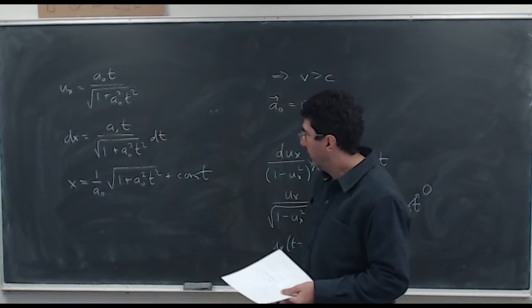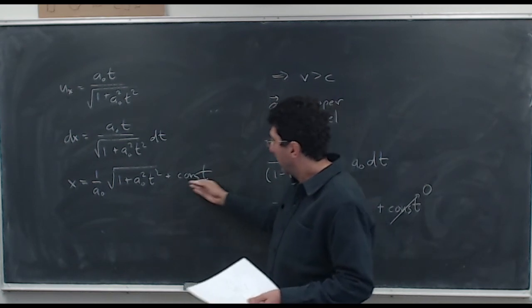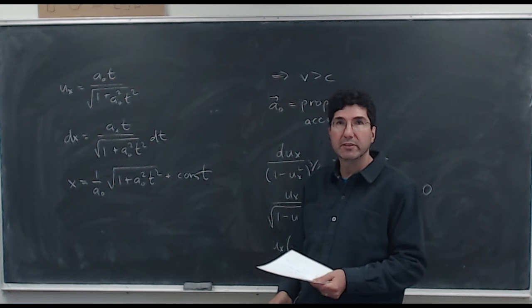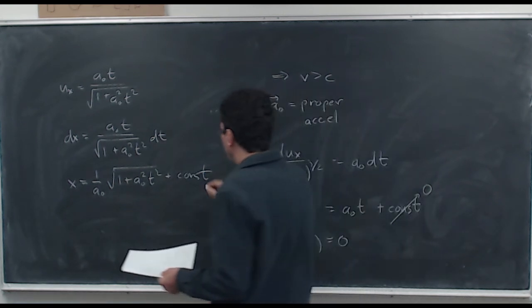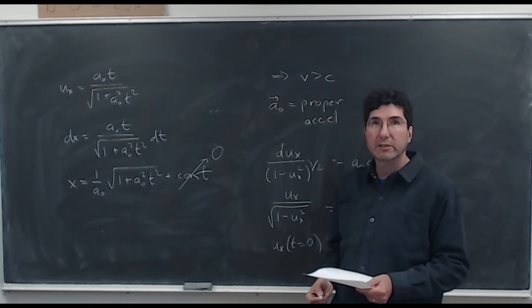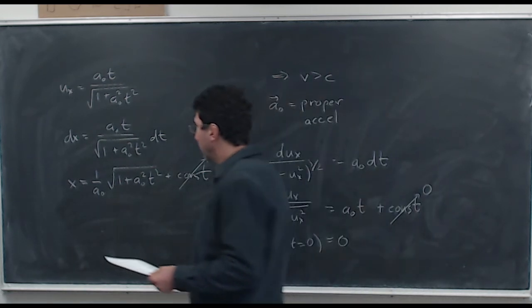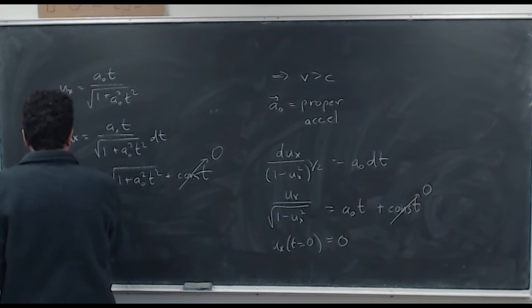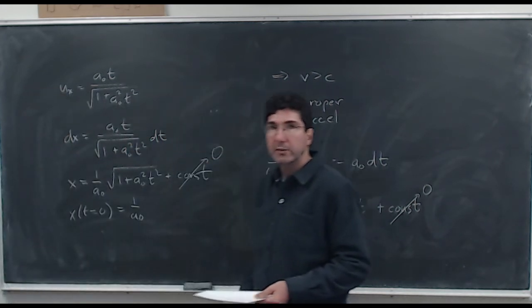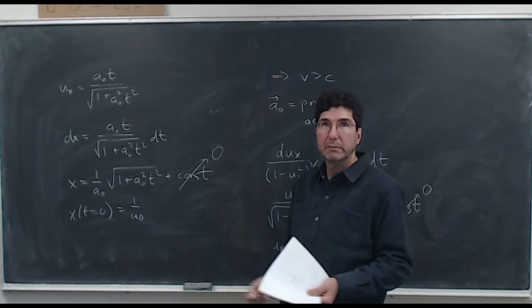And this time, the constant of integration corresponds to shifting x. We can shift x and choose this constant of integration as we want. So again, just to get the simplest solution, we will choose this constant of integration to be 0. So that's telling us that x at t equal to 0 is equal to 1 over a0. That's kind of a random choice, but that's fine.